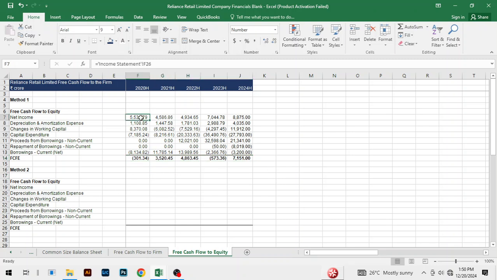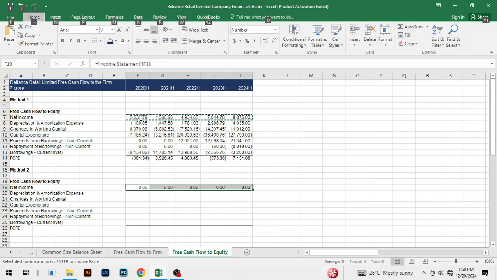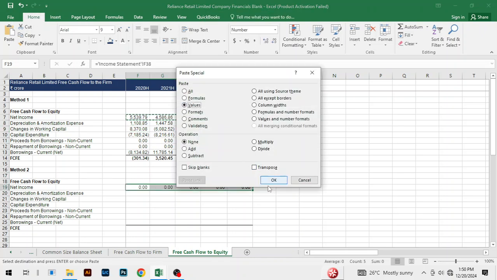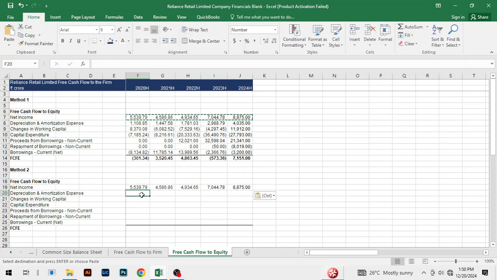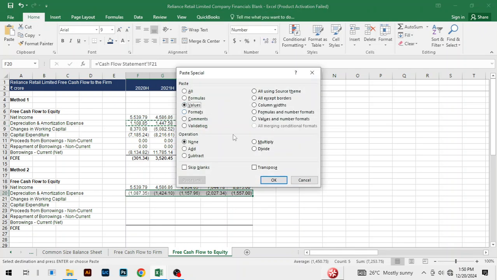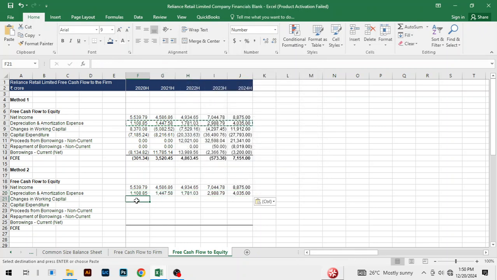So now we want to use our actual formula to see if we can get the same figures there, right? So depreciation, we take as is. Changes in working capital, we have to flip the signs there. So let's flip the signs, right?